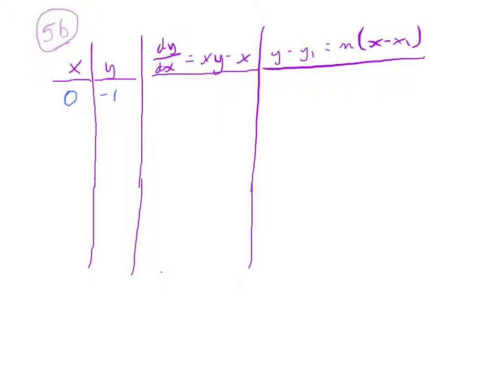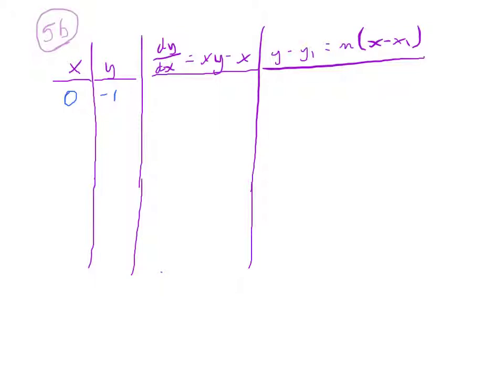Third column is your slope calculation, and you get that because that is your original differential equation there. And the last column is where we construct a tangent line equation. The basic idea of Euler's method is that you are using tangent lines to help with your approximations of the particular function.